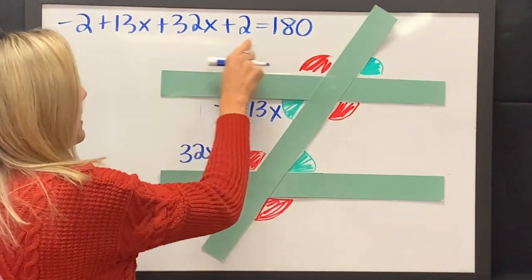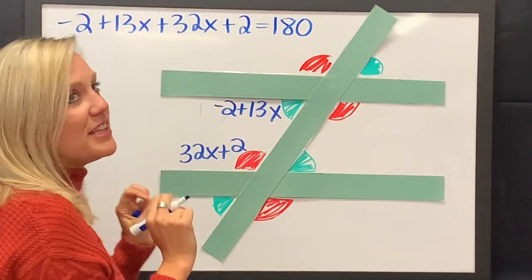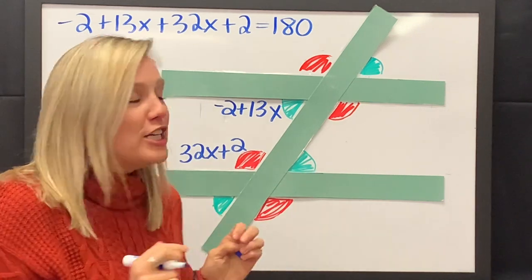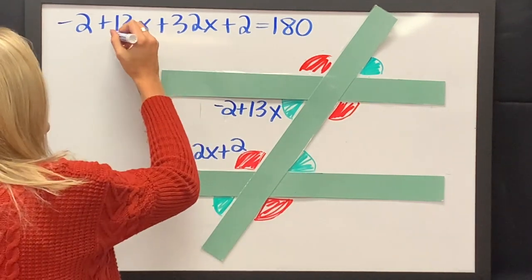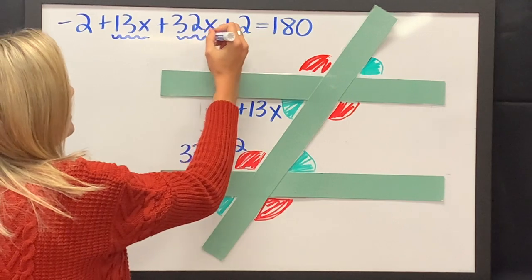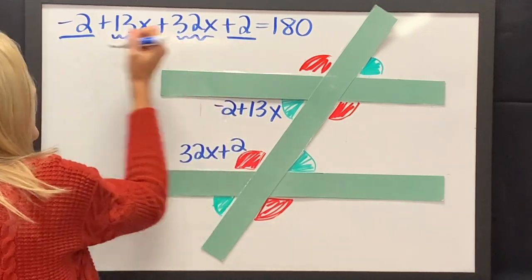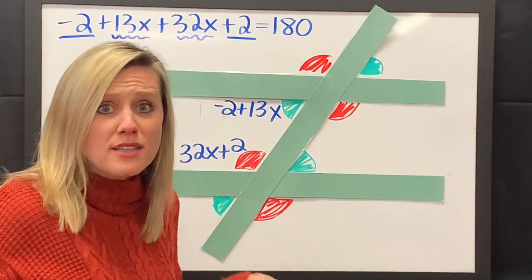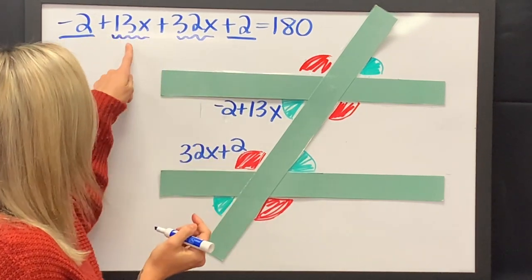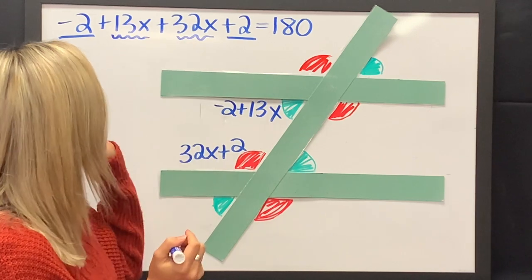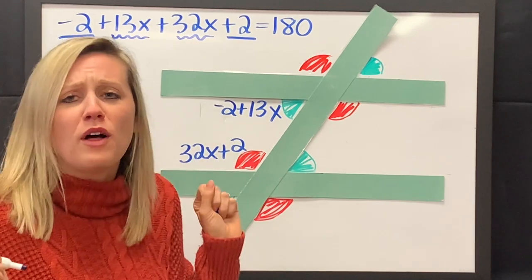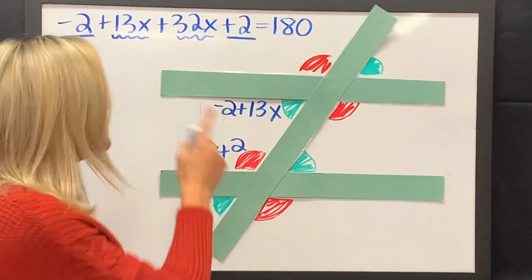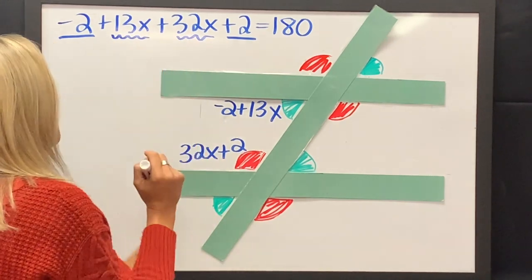And now I'm going to kind of condense this and then solve for x. So the first thing I want to do is just combine these because they are on the same side of the equal sign. They are both on the left side of the equal sign. So I can just combine them. We have 13x and 32x's. That would give me a total of 45 x's because 13 plus 32 is 45.